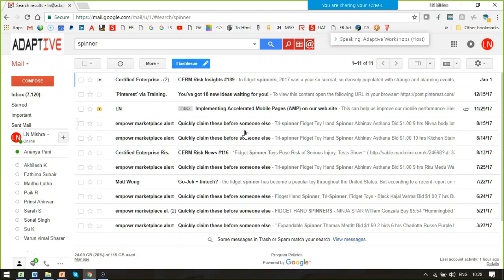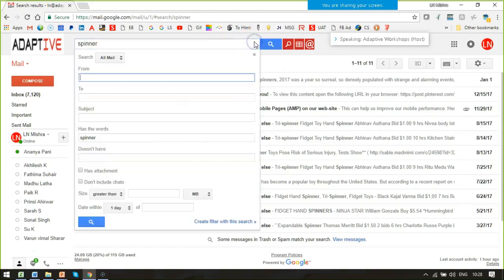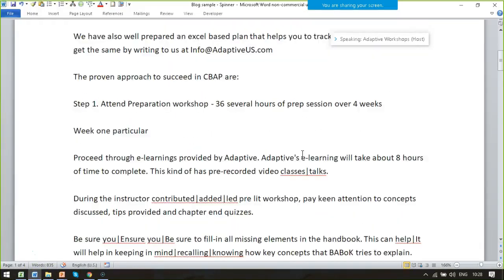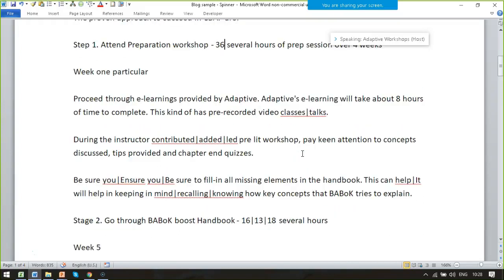I'm forgetting that. So what it does, it takes your normal document and it gives you choices. Say for example, during the instructor, it will say contributed, added, led, something like that. So every word that you use, it will give you an option of adding a better word.